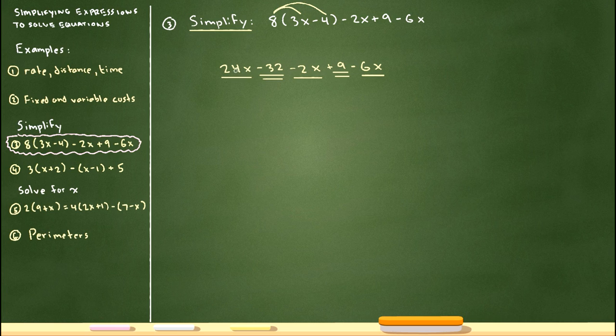So we want to combine all those. So 24x minus 2x would be 22, and then 22x minus 6x would be 16x. Okay, so those are all the x terms, and then our constant numbers, negative 32 and positive 9, we're going to end up with a negative 23.